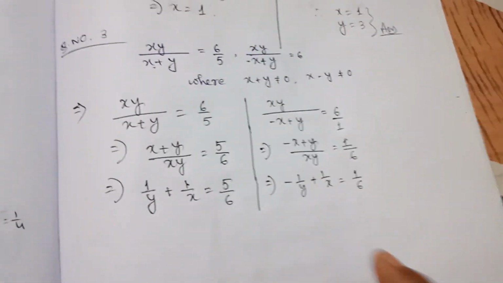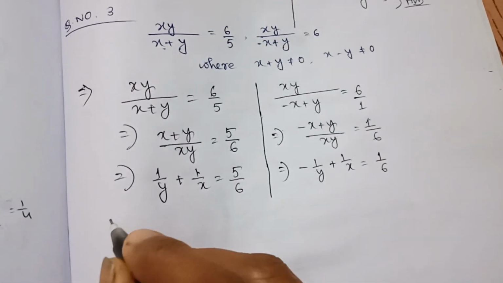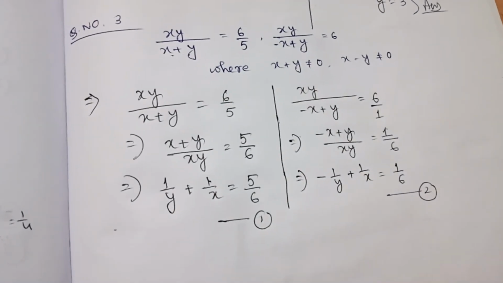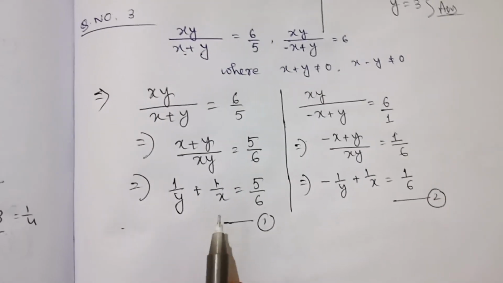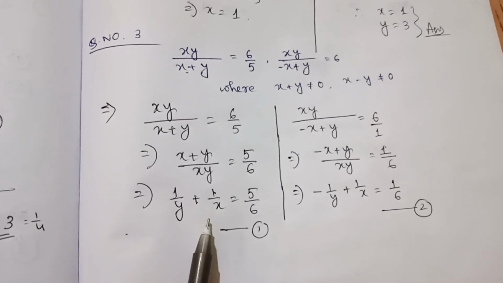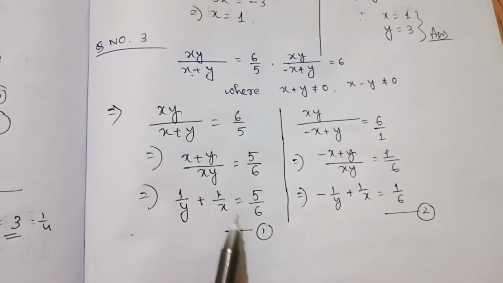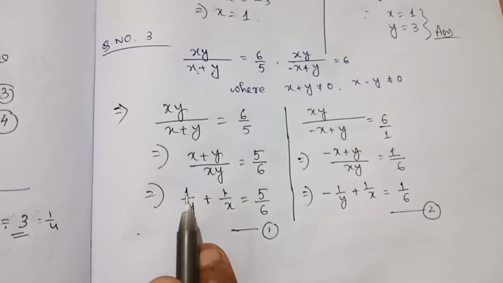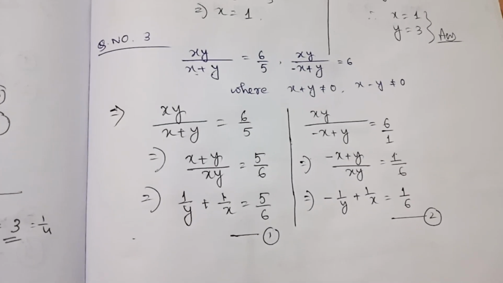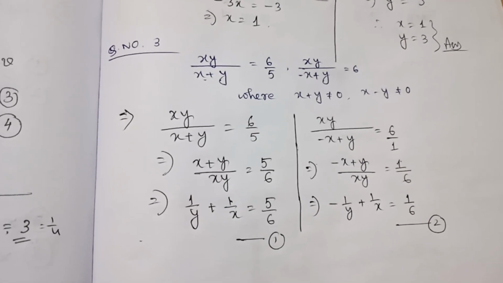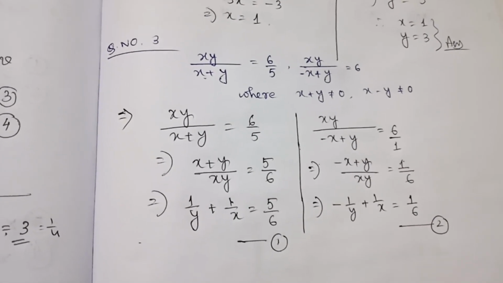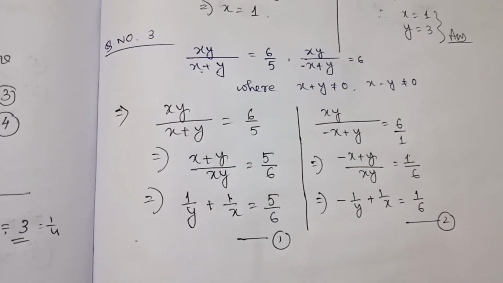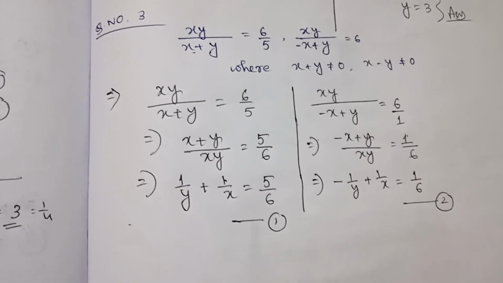Now look, I'm giving this one as number 1 and this one as number 2. Already I have told you one method for this type of form, that you take 1 by x as u and 1 by y as v. That is obviously a very simple method, but there are many other methods which can also be correct in their logical way.